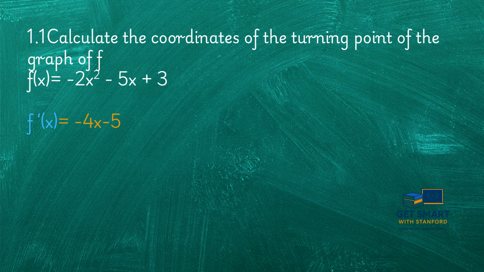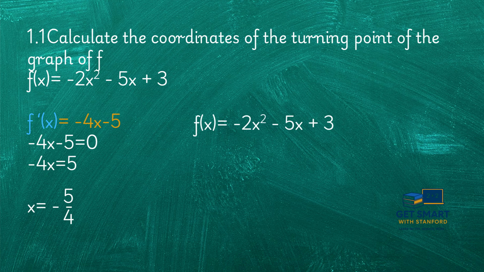We will differentiate the original equation to get f'(x), and f'(x) equals -4x - 5. Equate this to 0. We are equating to 0 because the gradient at the turning point equals 0. And the value of x in this case equals -5/4.